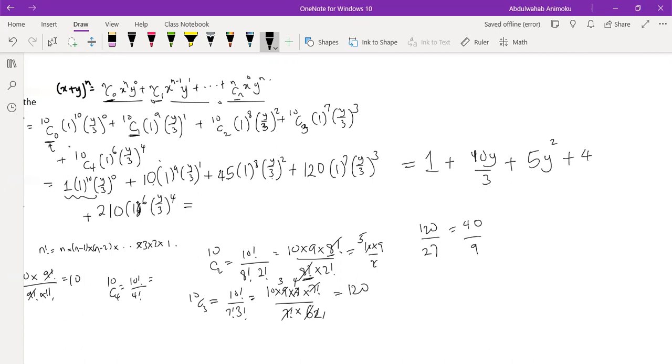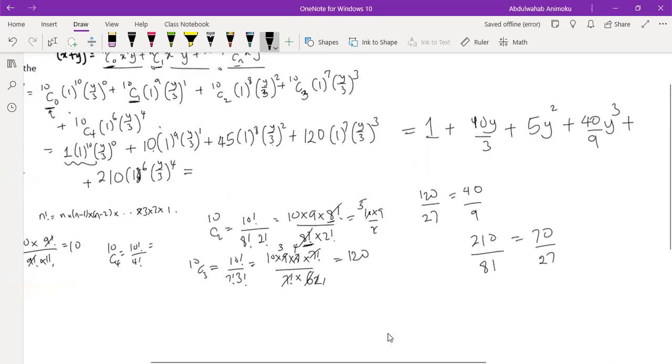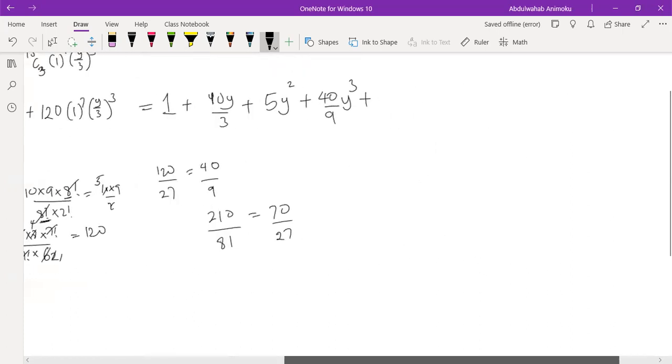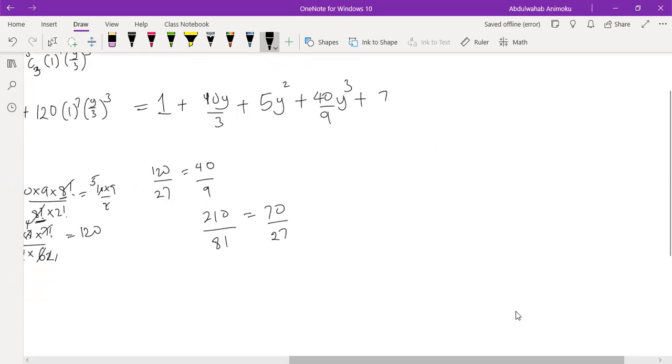So that is 40 over 9 y cubed, okay? And the last one is 210 over y over 3 raised to the power 4, which is 81. So 3 can go, that's 70, 3 here is 27. Nothing else can go again, I presume. So we have 70 over 27 y raised to the power 4.